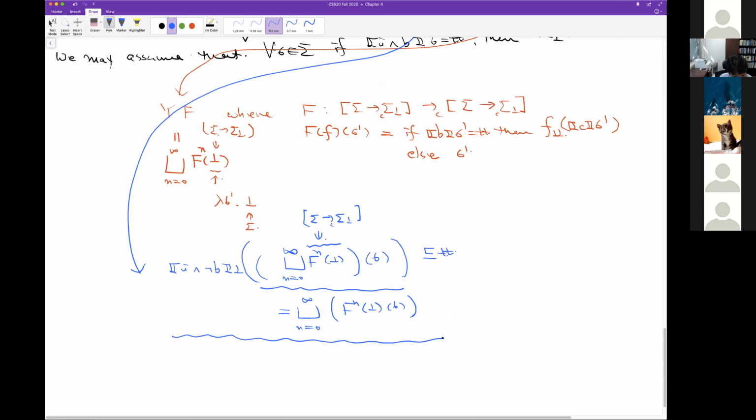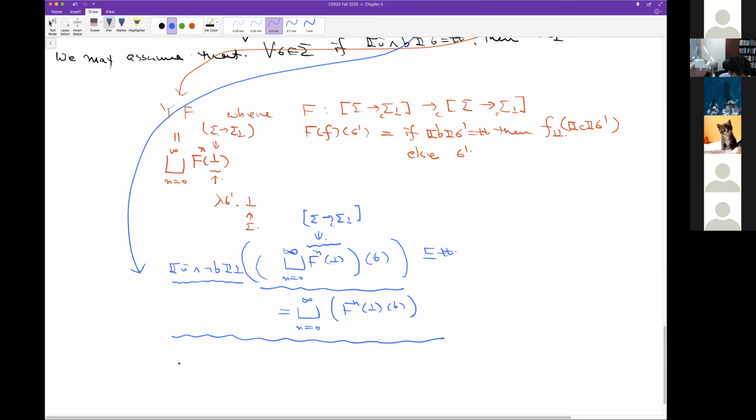But then, although it's very easy to show, you can prove that this operator, that's a lifting of the assertions, is always continuous. Okay, it's always going to preserve the limits of increasing chains.